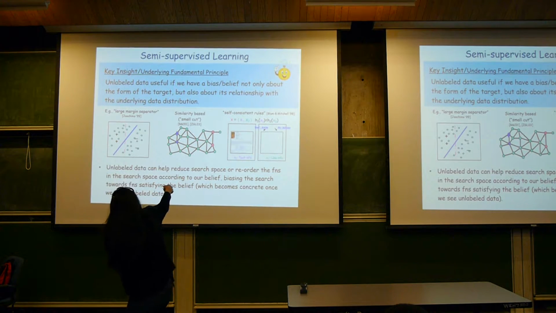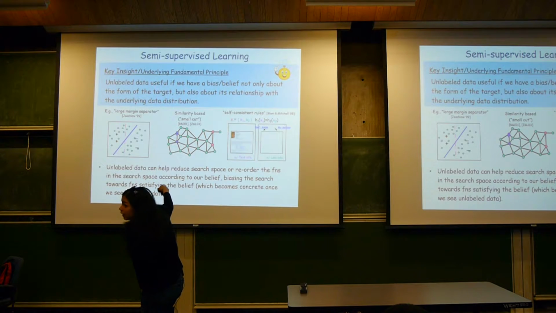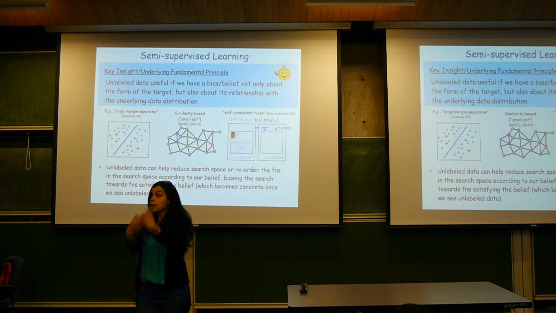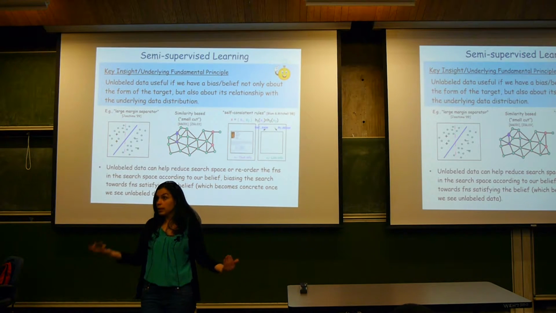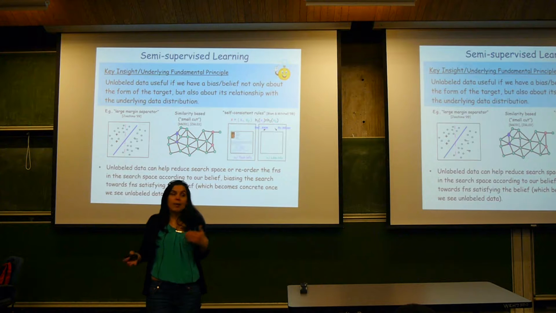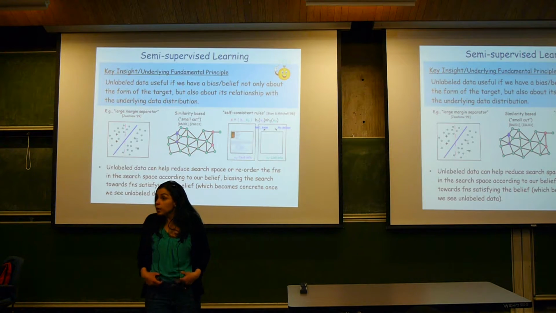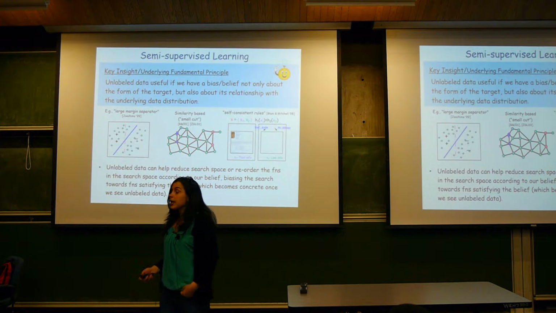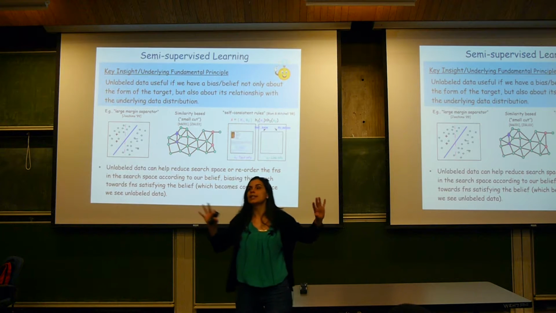Maybe it reduces the search space to only those classifiers that have a large margin, which I can verify once I see unlabeled data. So it's an abstract prior or inductive bias that becomes concrete once I see unlabeled data.